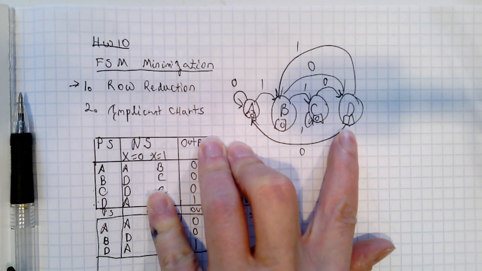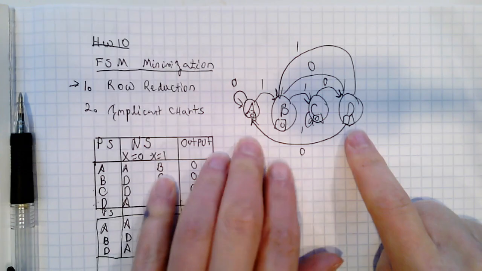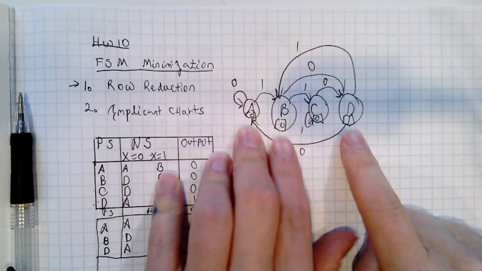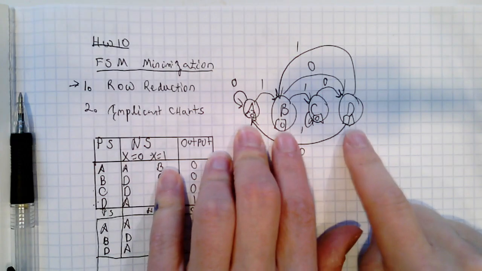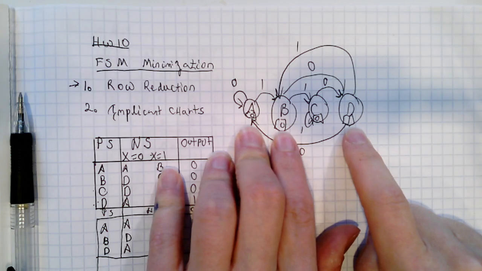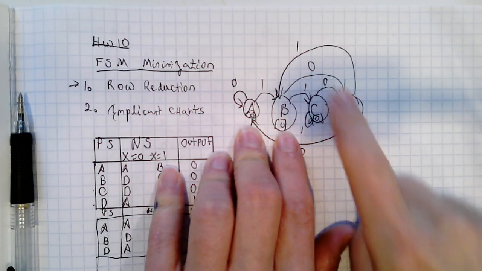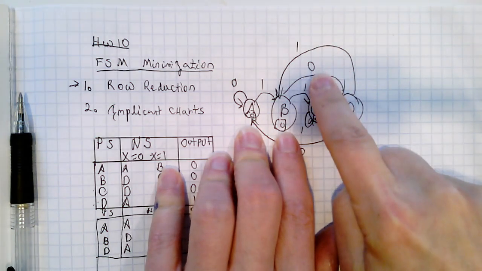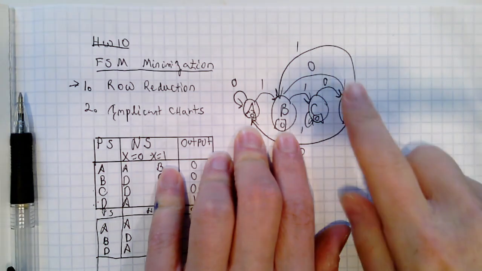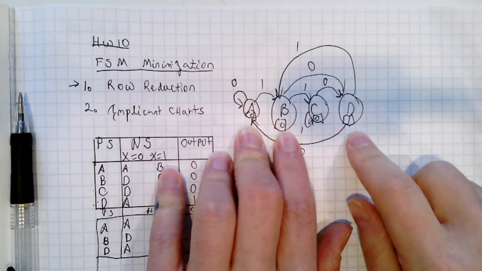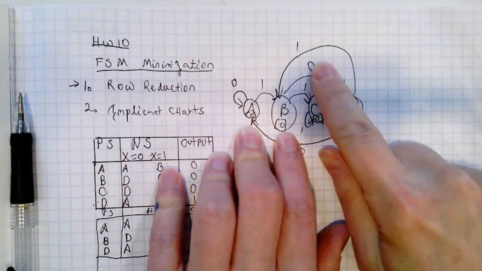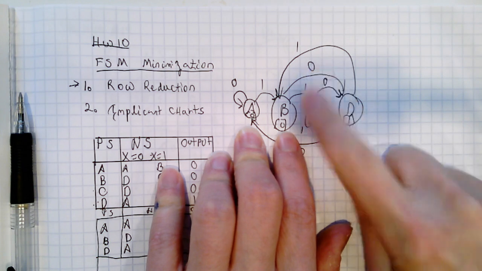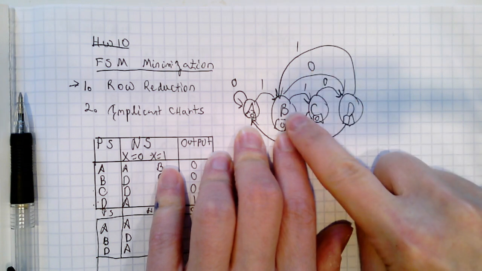So since the outputs are only a function of the state, then we say this is a synchronous machine. And as a result, because the outputs are only a function of the state, we say it is a Moore machine. If we saw outputs underneath the inputs with a slash, then we would call it a Mealy machine, because the outputs would be changed immediately upon input changes given the present state.